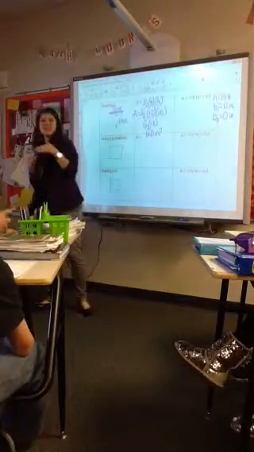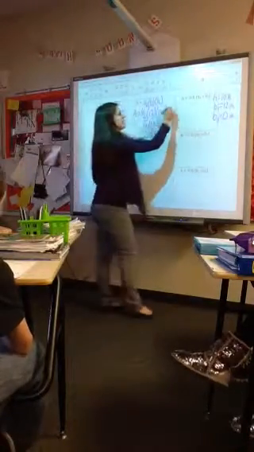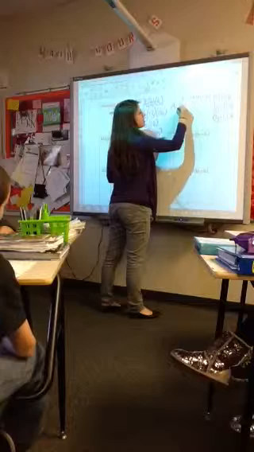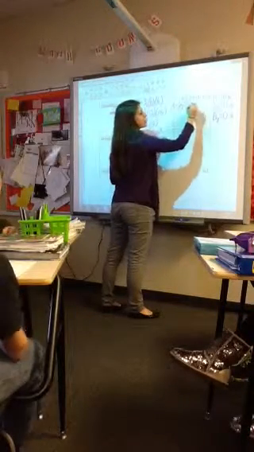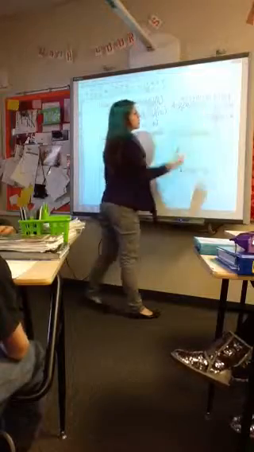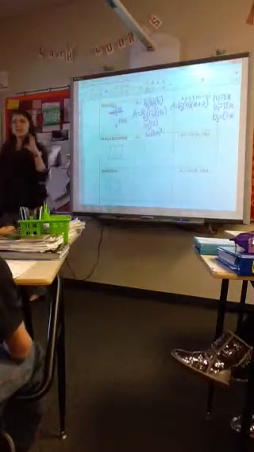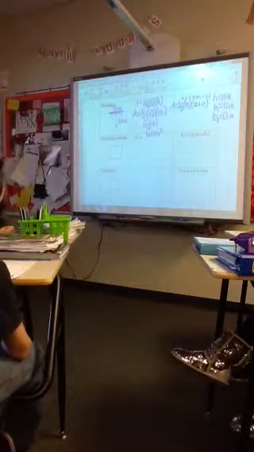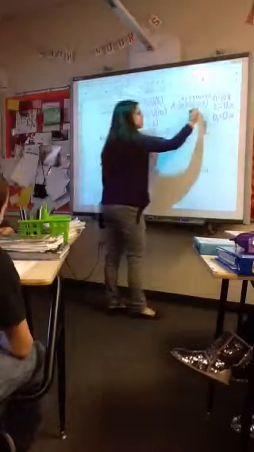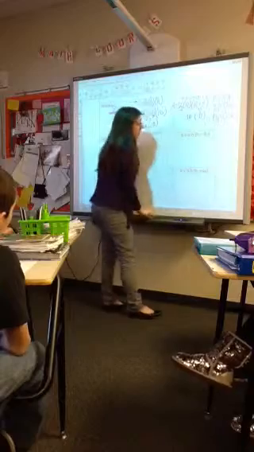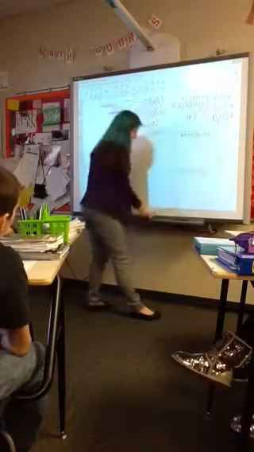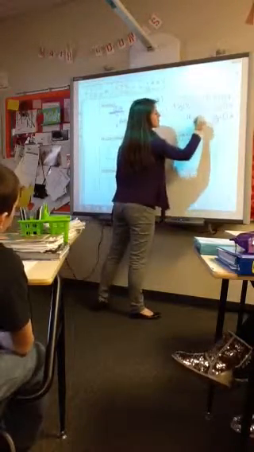Watch how this fits in. Ready? 1/2 times my height, 10, times the sum of 12 and 0. When I do inside my parentheses, 12 plus 0 gives me 12.